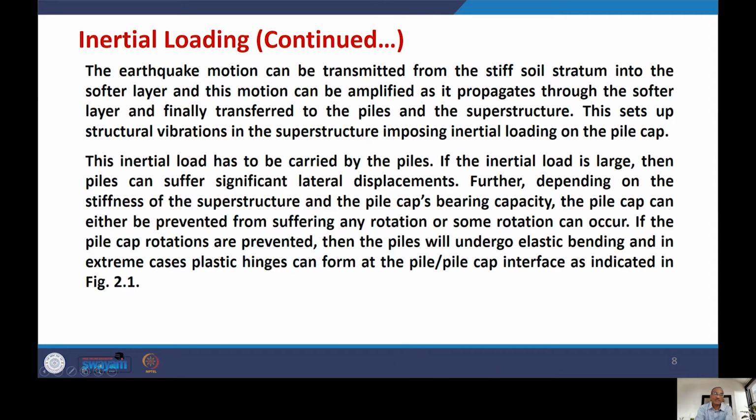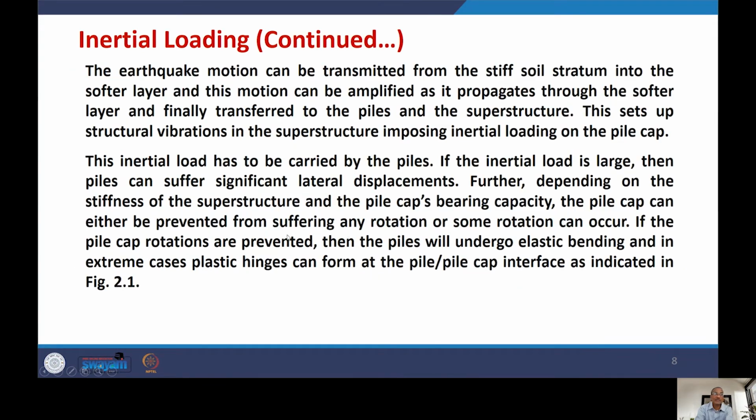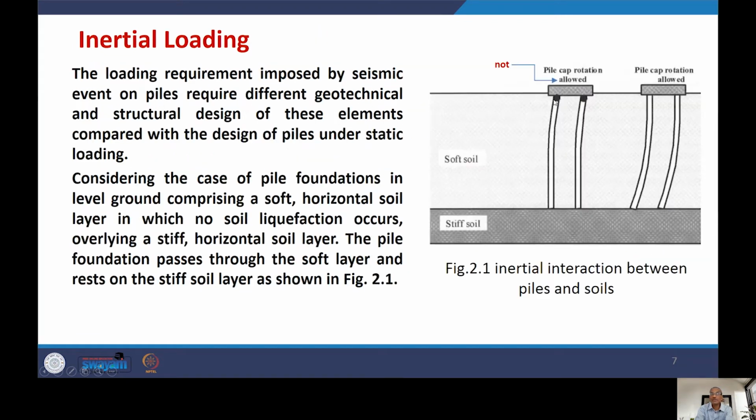If the pile cap rotations are prevented, then the piles will undergo what is called elastic bending, and in extreme cases, plastic hinges can be formed. The pile and pile cap interface is indicated in figure 2.2. So this is the case when you are preventing the pile cap from rotation. Hinges will be formed, and the pile cap will undergo this.